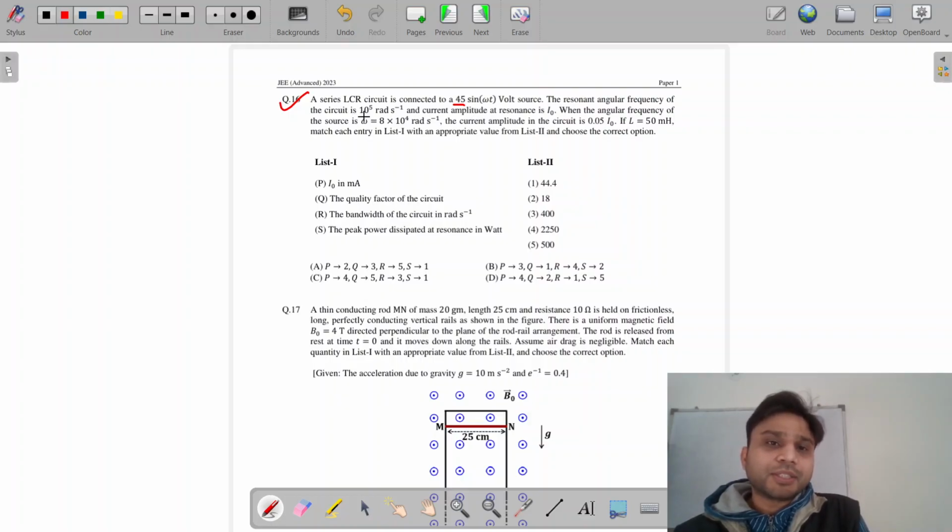The resonant frequency of this circuit is 10 to the power 5 radian per second. So let us begin from that. 10 to the power 5 is equal to 1 upon square root LC for an LCR circuit.